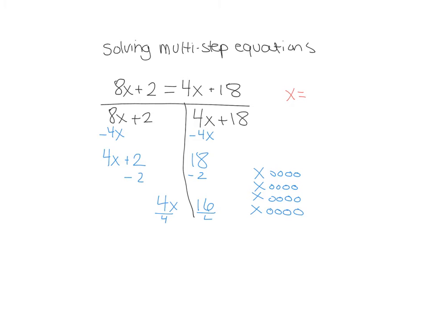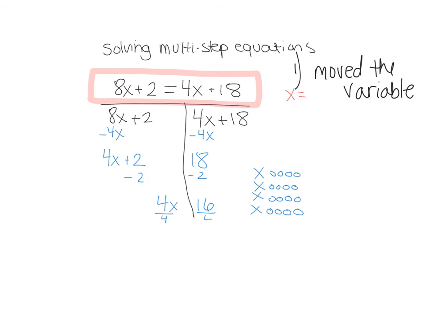So we go back here to our original problem. It's a multi-step equation because we did what? What was our first step? We moved, actually let me use a pen, we moved the variable.